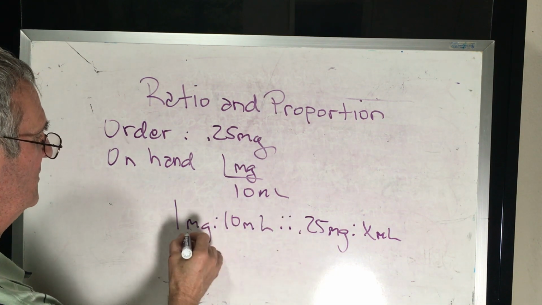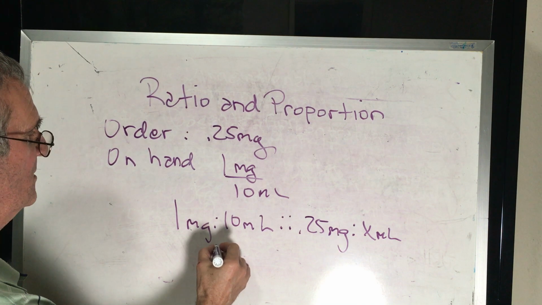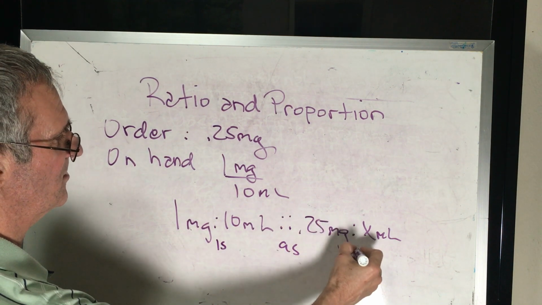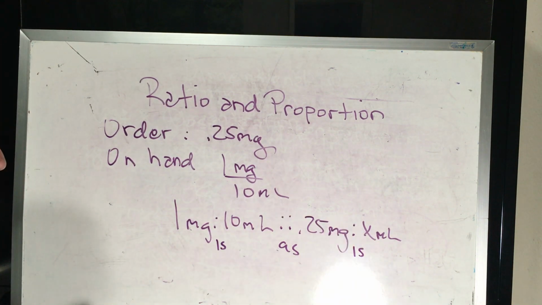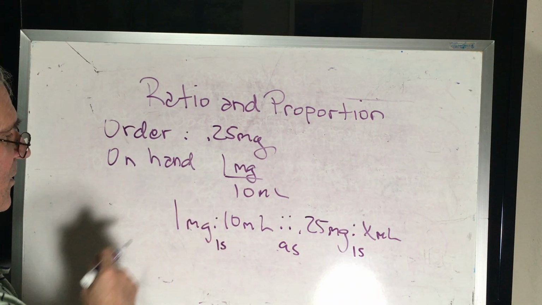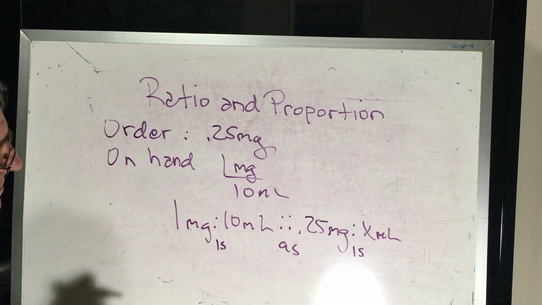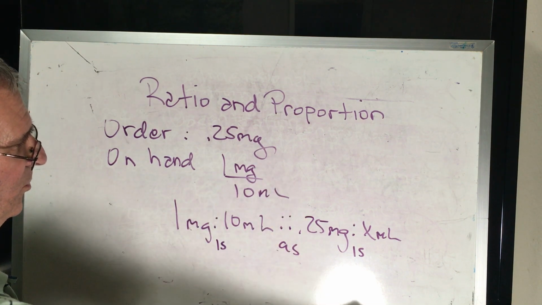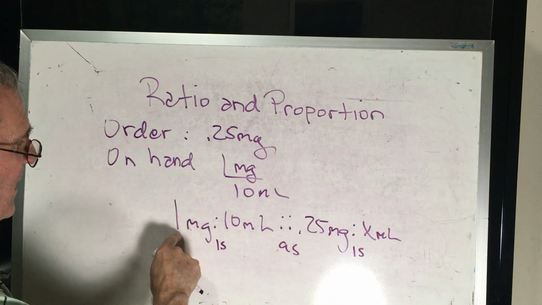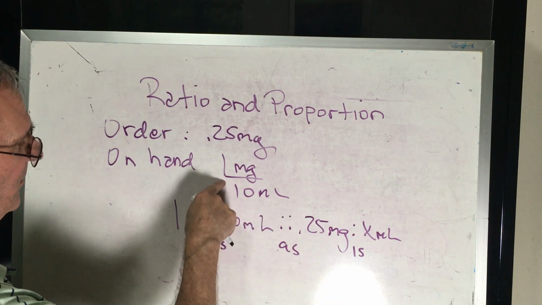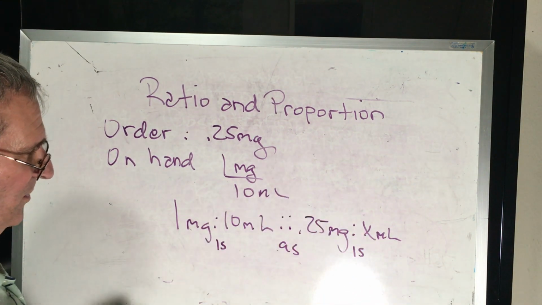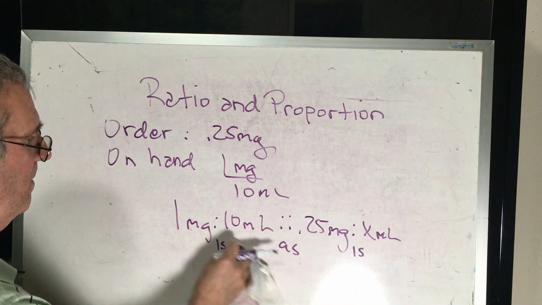So this is to this as this is to that. That's how they write it, with the colon and then the double colon. So I have 1 milligram per 10 milliliters is equivalent to 0.25 milligrams per how many milliliters? Okay?